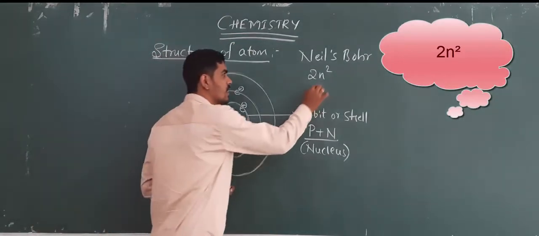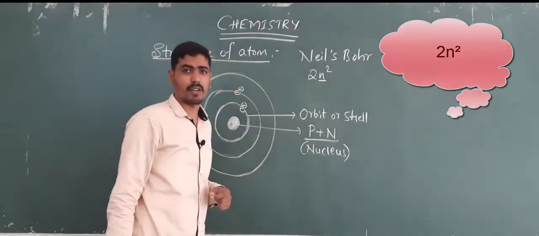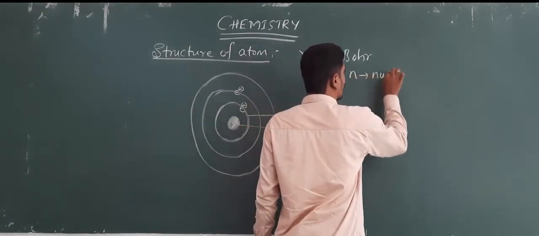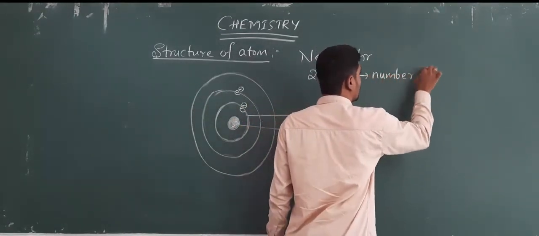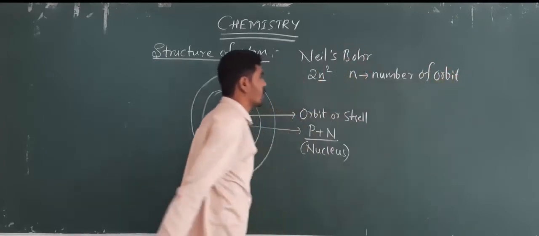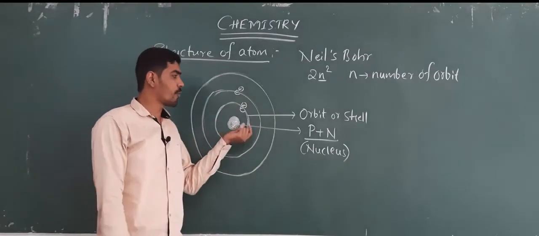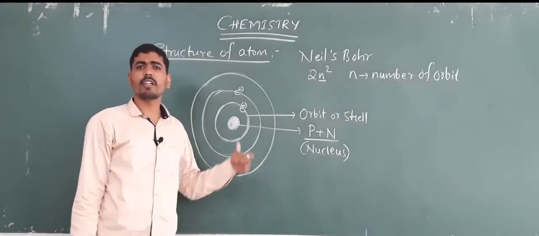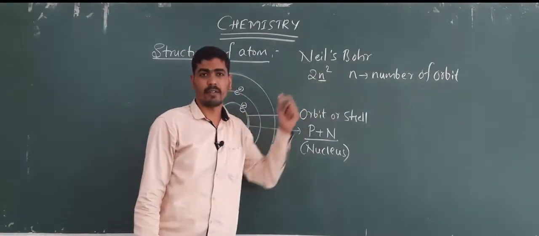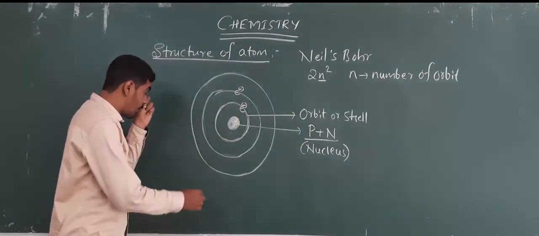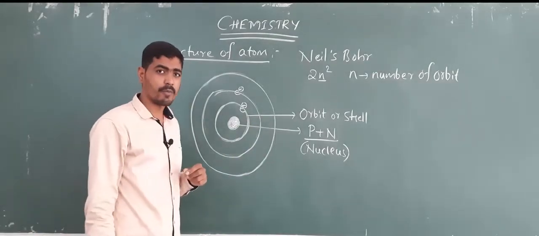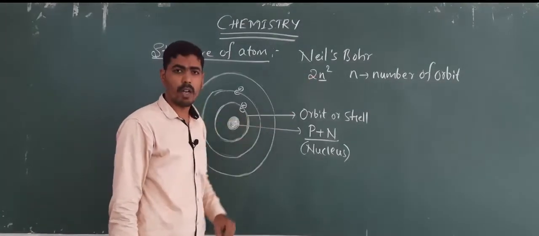So what does this n represent here? n means the number of the orbit. It simply represents the number of the orbit. So which orbit is it: first orbit, second orbit, third orbit, fourth orbit; that is indicated by n. Now in order to find the number of electrons in the first orbit, we have to use this formula.